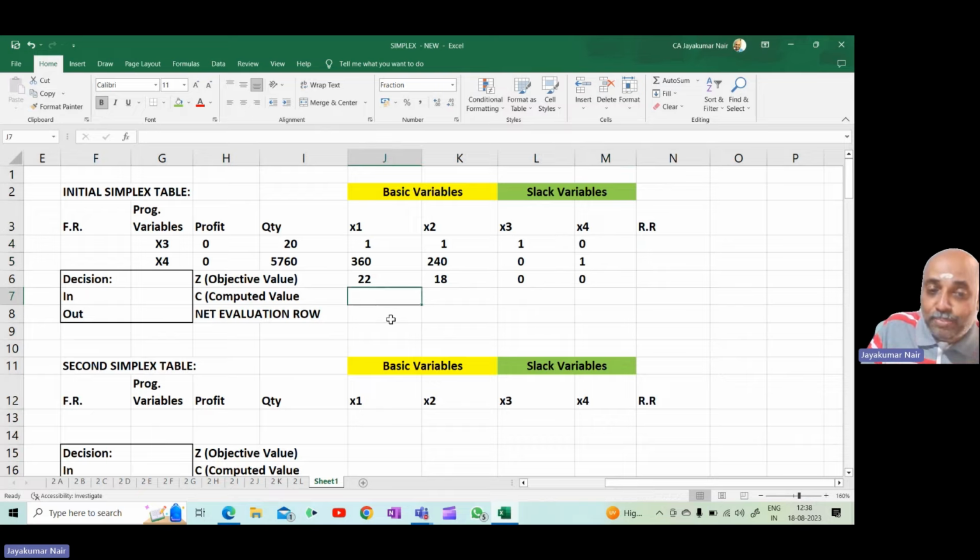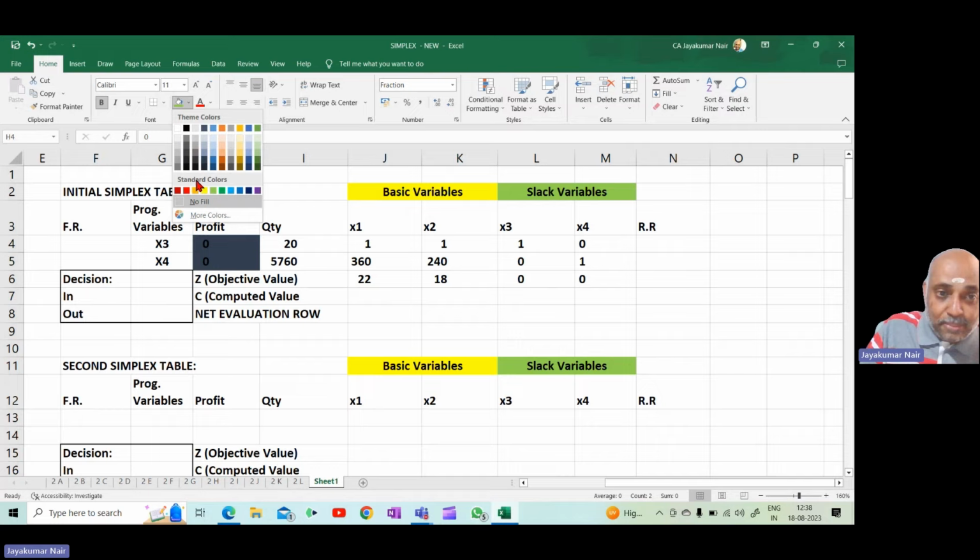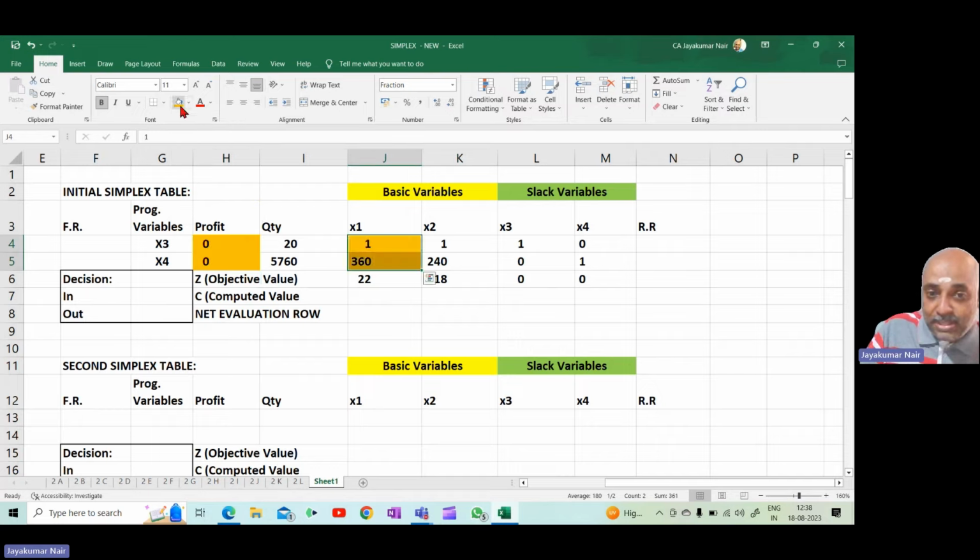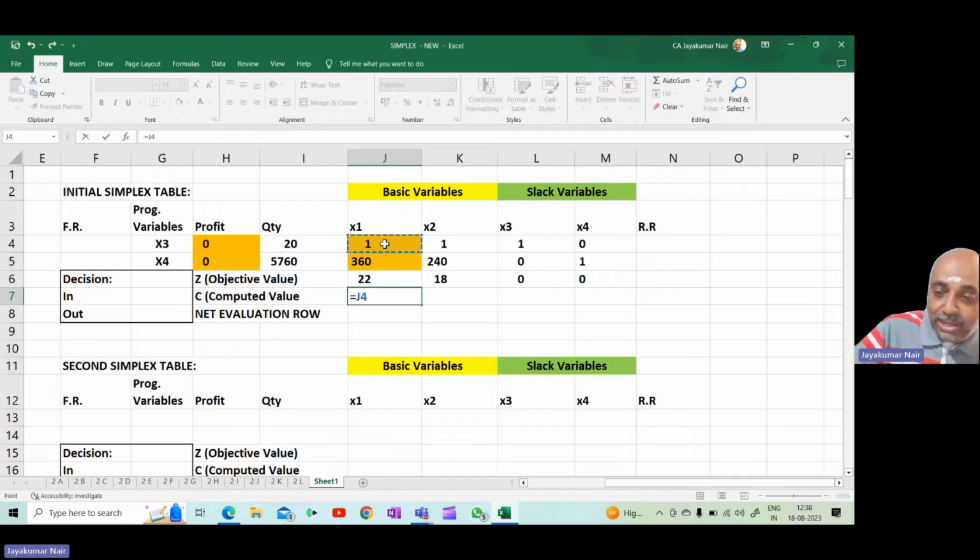Okay, now how do I compute C? What is C? Computed value. You multiply the profit column with the particular variable columns to get this value. So it is 0 into 1 plus 0 into 130. I repeat, 0 into 1 plus 0 into 130. How do I get that? It's 1 into 0 plus 360 into 0.